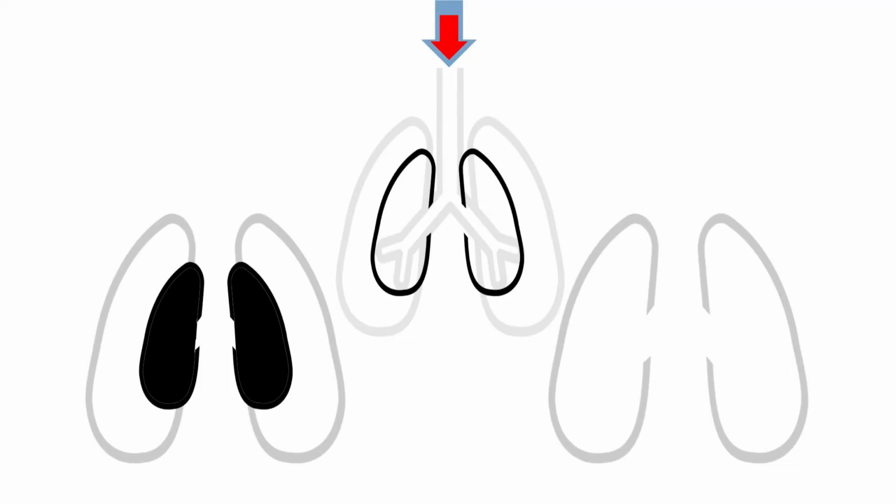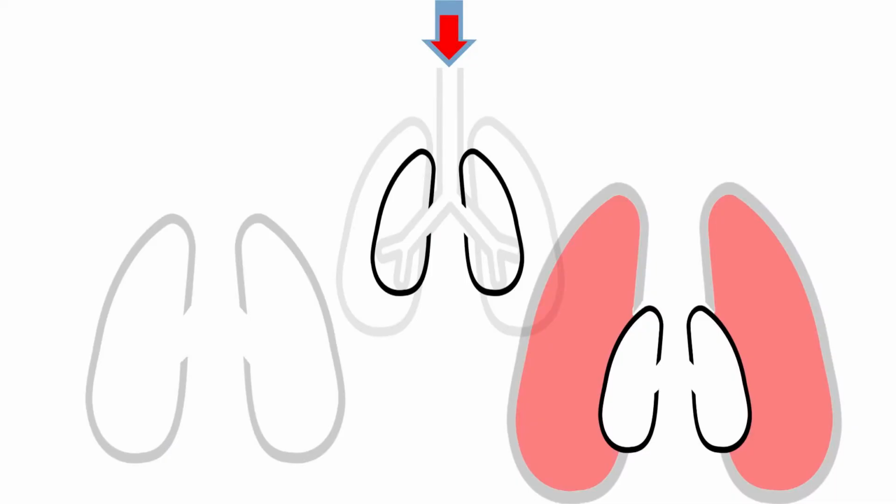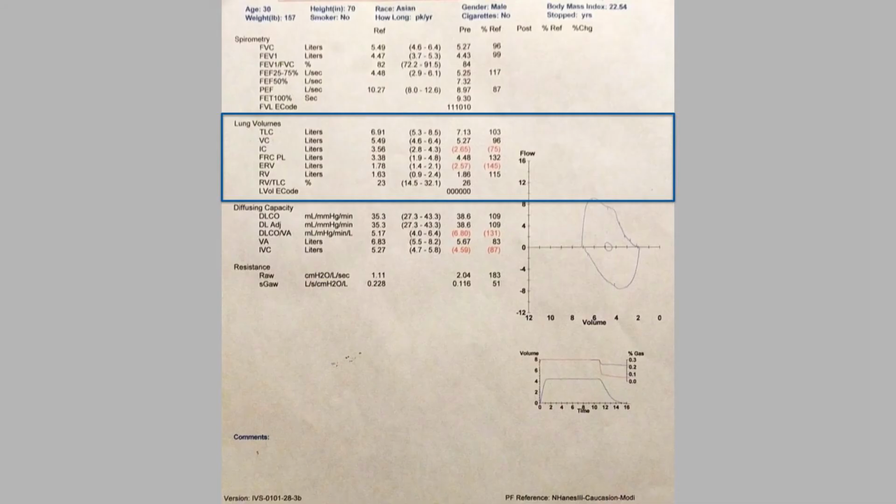Some diseases really do make your lungs smaller, like fibrosis. Other times, the rest of the lung is so damaged, like smoking that causes emphysema, that even though someone might have bigger lungs, there's less lung left to use, so they're effectively smaller. We figure out if someone has one of these two problems in this section here, lung volumes.